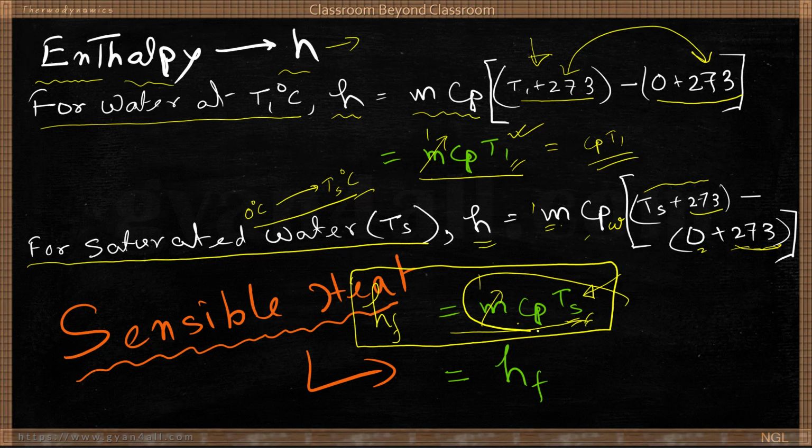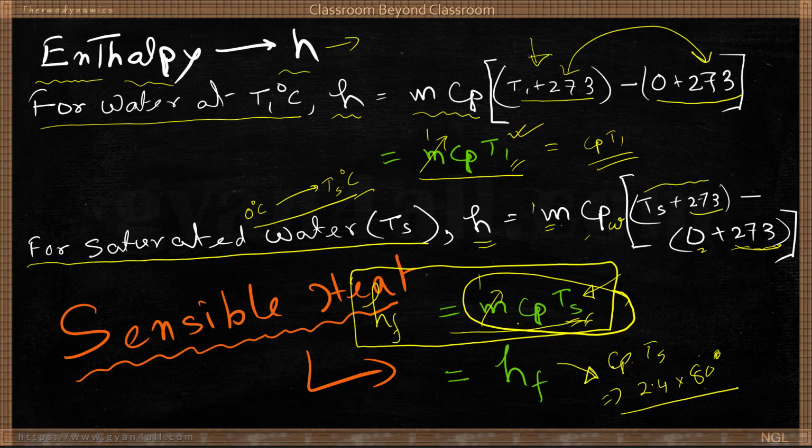If we do not have the steam table, we can calculate it as Cp into Ts. You can see Cp is generally 4.2 or something like that, into Ts. Ts is say 80 degrees centigrade. Okay, 4.2 into 80. So directly we can calculate hf this way also.